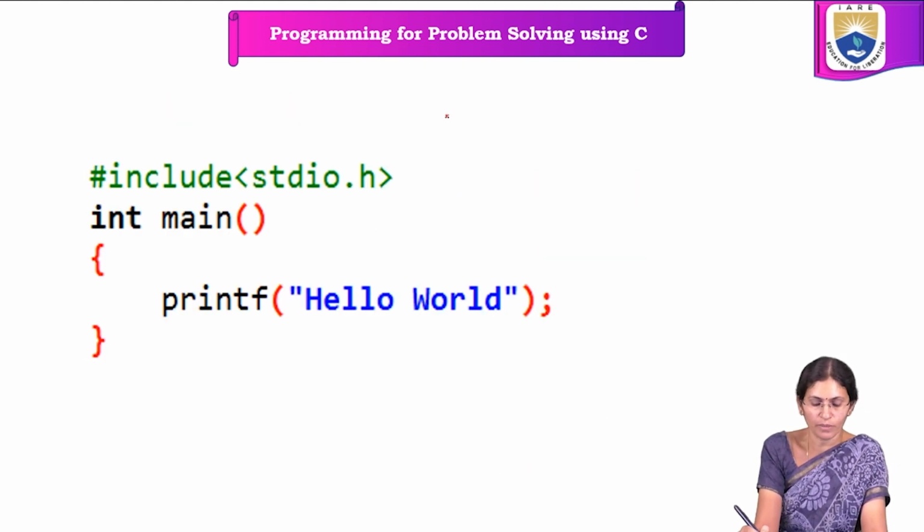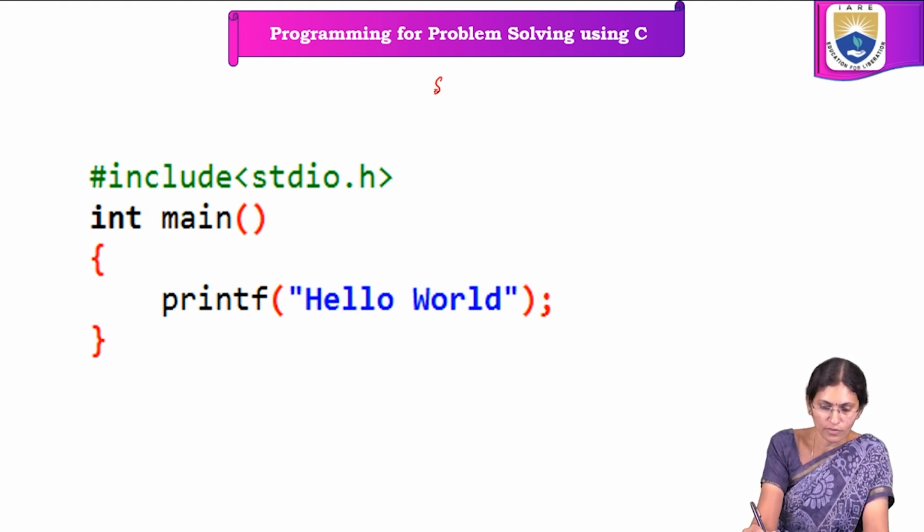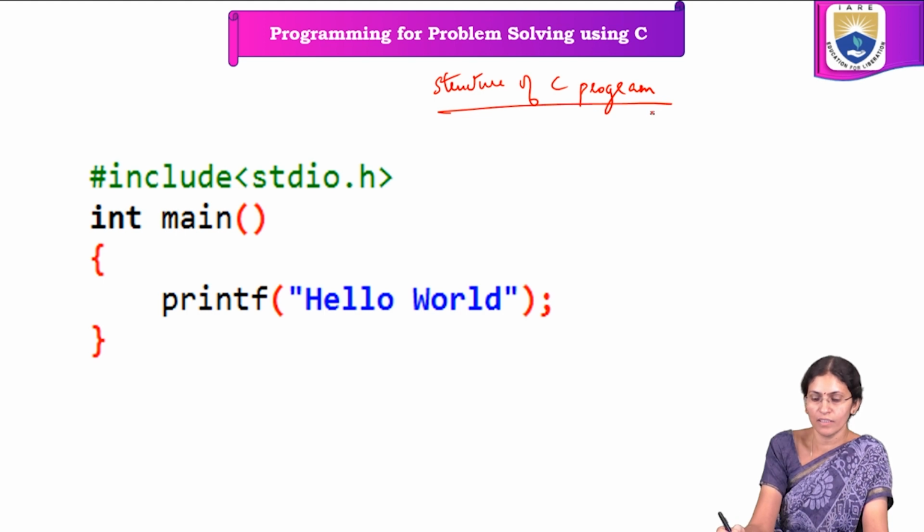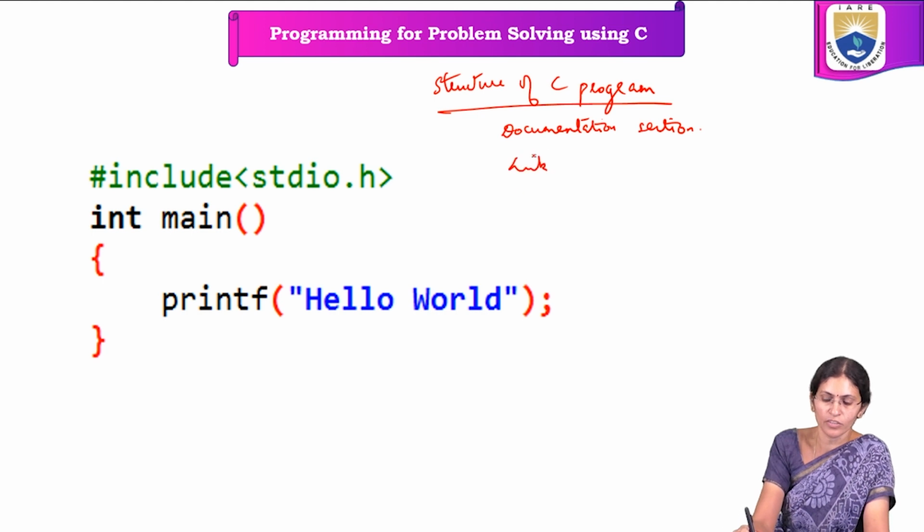So this is a sample program to understand the structure of a C program. We have seen that in the structure of a C program, the first one is the documentation section. The second one is the linking section. Next one is the definition section. Next one is the global declaration section.